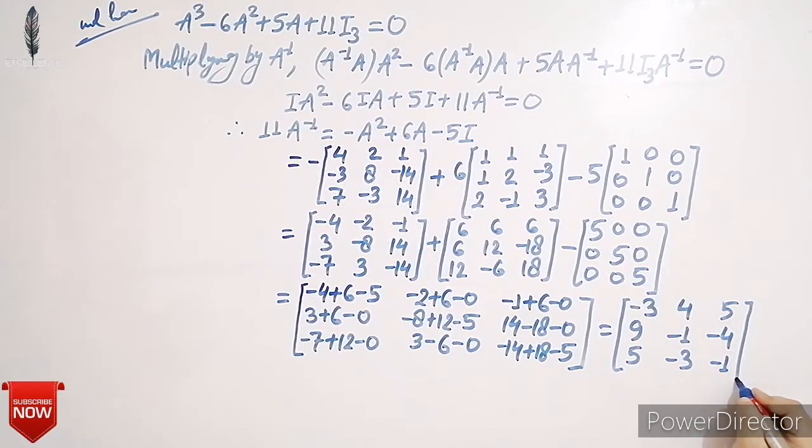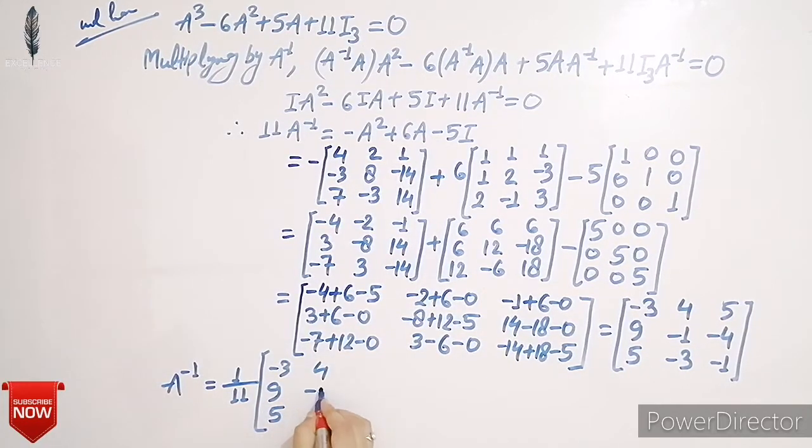So the value of A inverse is equal to 1 by 11 times minus 3, 9, 5, 4, minus 1, minus 3, 5, minus 4, minus 1.